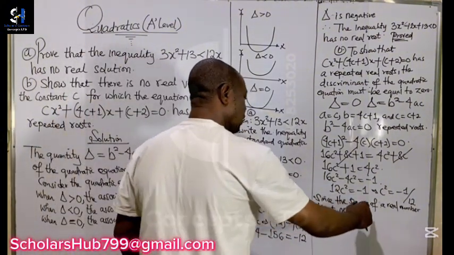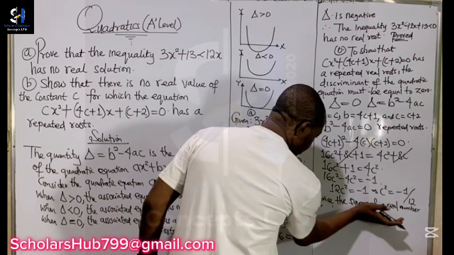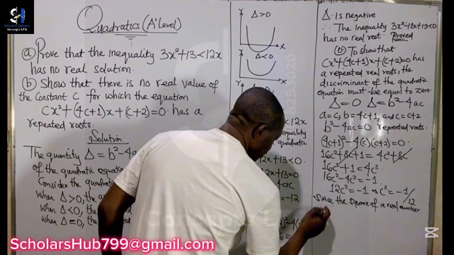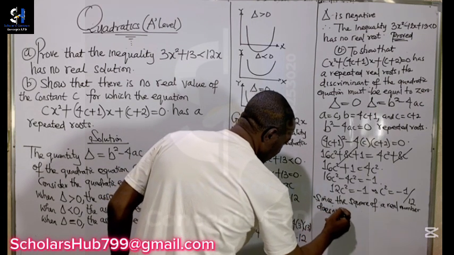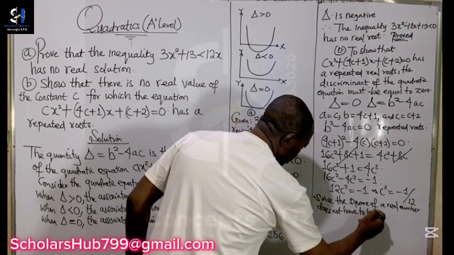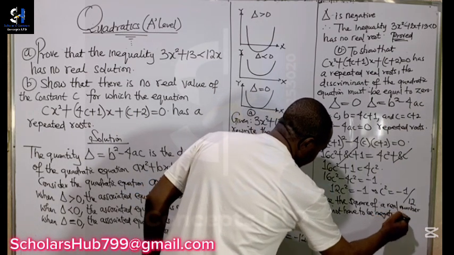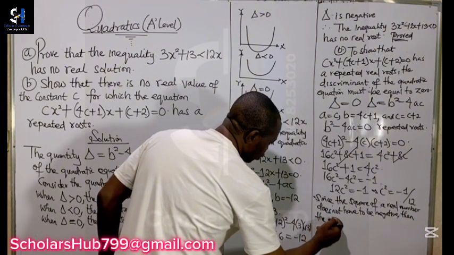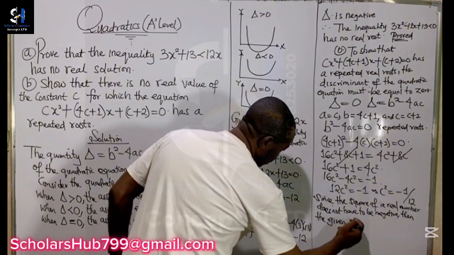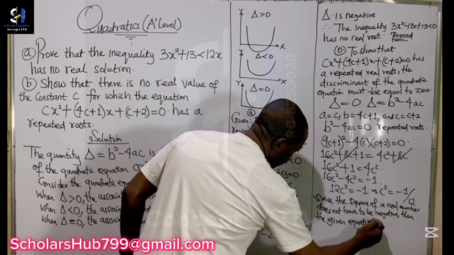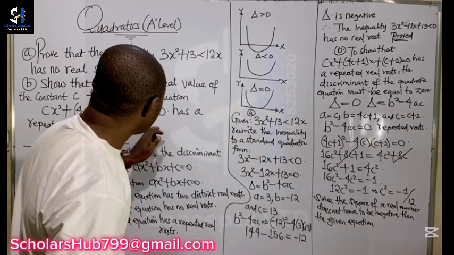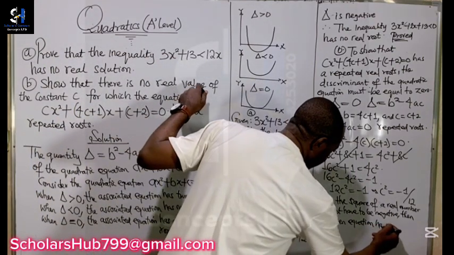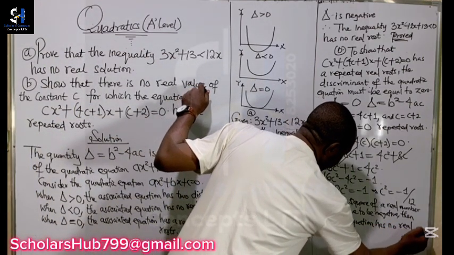Since the square of a real number does not have to be negative, then the given equation, that is this equation, has no real value of constant c.